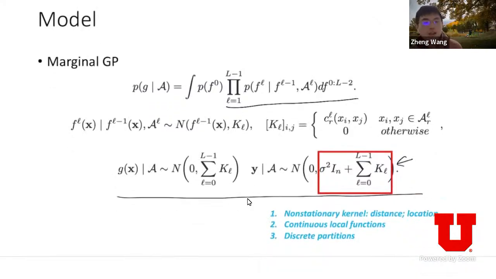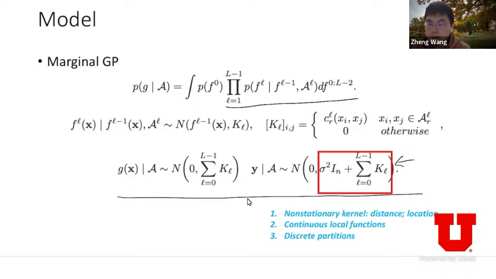And by integrating out the intermediate layers, we can get a marginal Gaussian process in this way. And the final kernel function, covariance function, is this one.